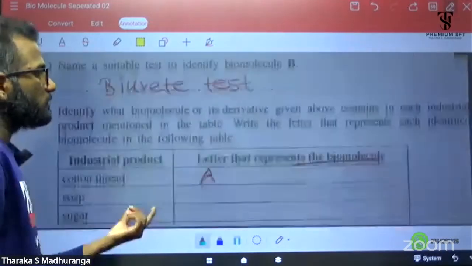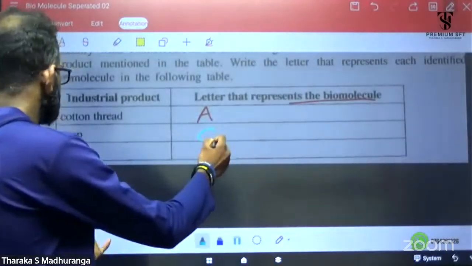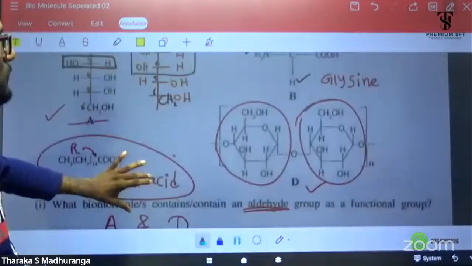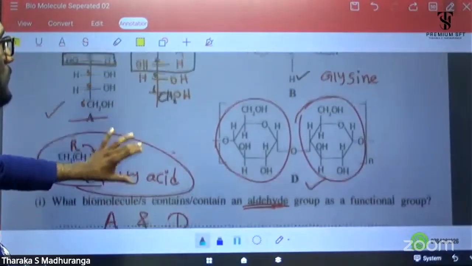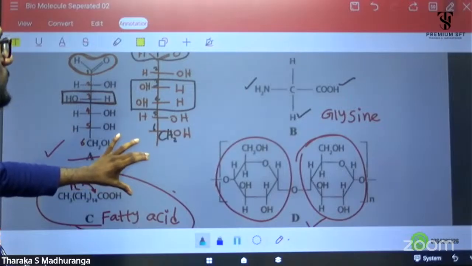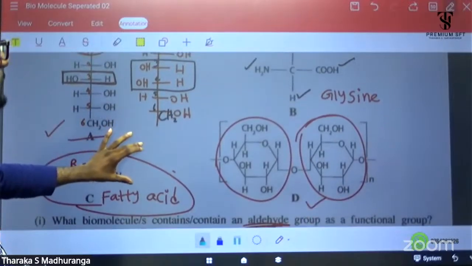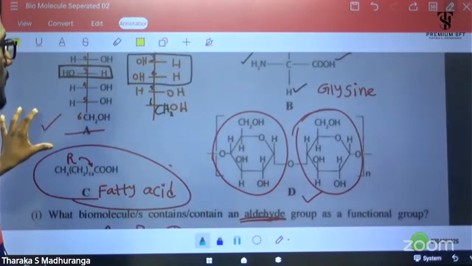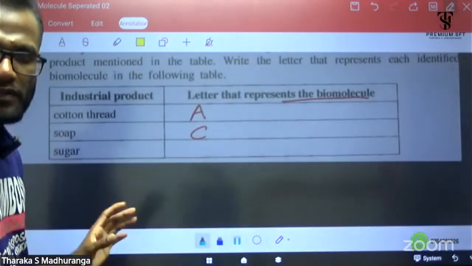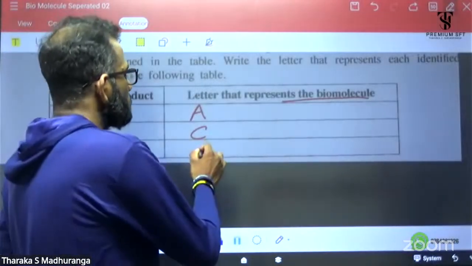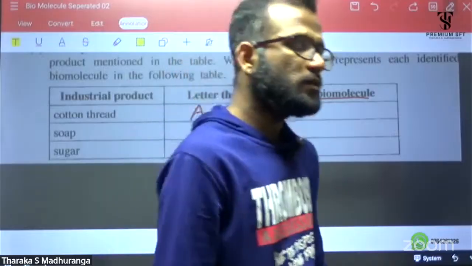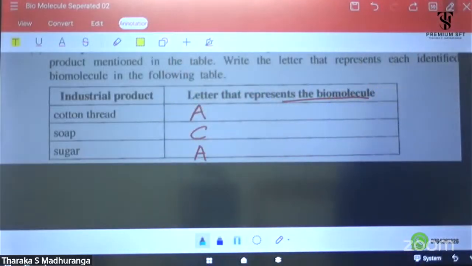Then C for soap production. Sugar, again it's glucose, right? Glucose is required for production of sugar, because glucose and fructose are the most relevant letters.